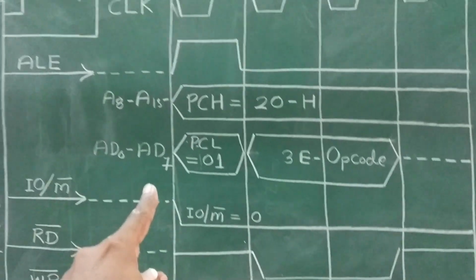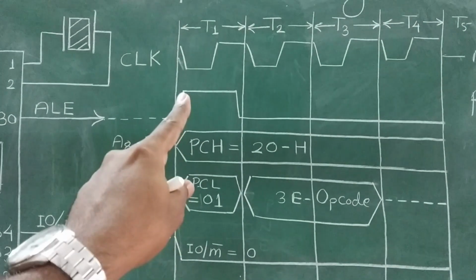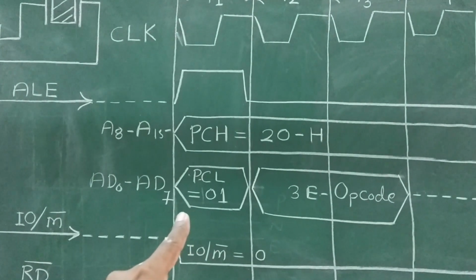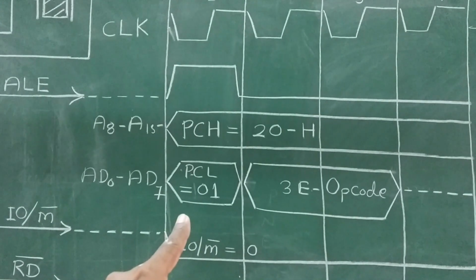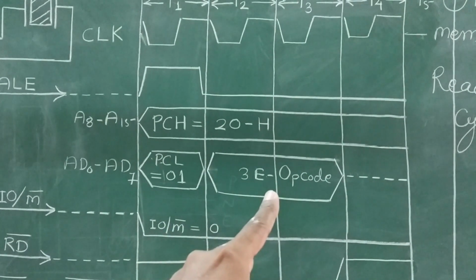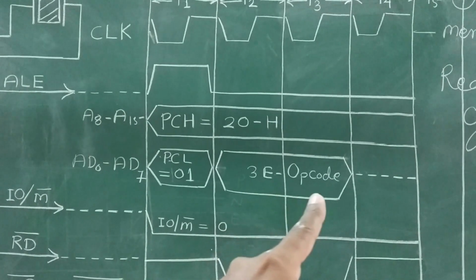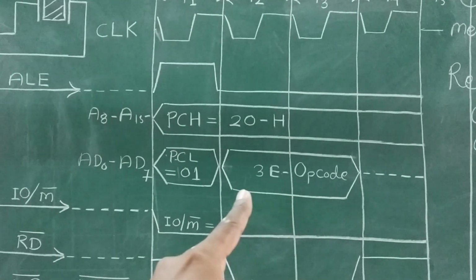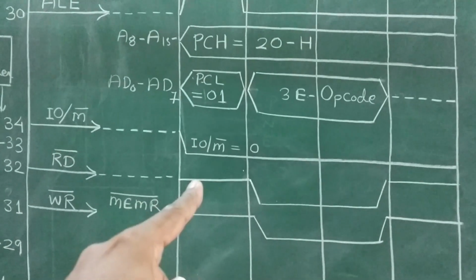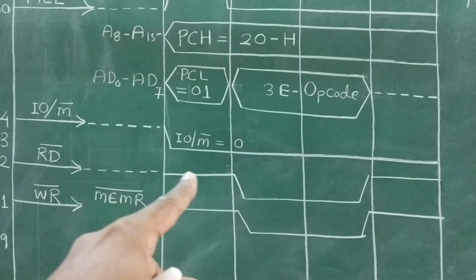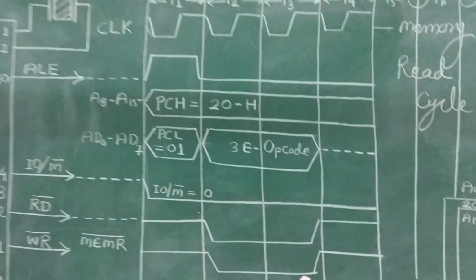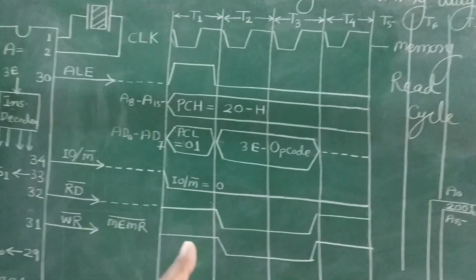Then during the T1 clock cycle, as ALE is activated, the PC low bit, which is 01, will be loaded on the AD0 to AD7 buses, and later on this opcode will be loaded on the address and data buses, which is 3E. And because it is a memory operation, IO M bar is activated low throughout the 4 T states. And then we have read bar.